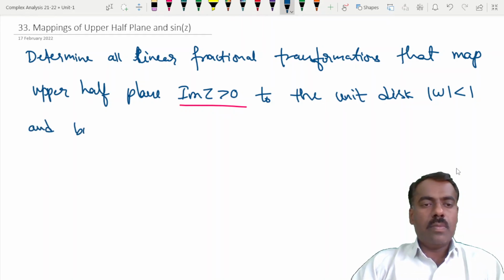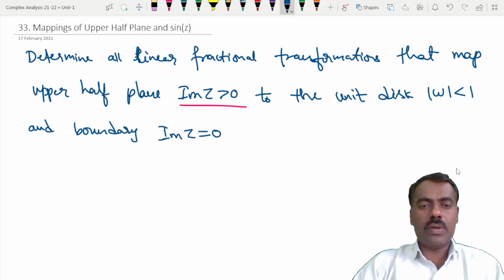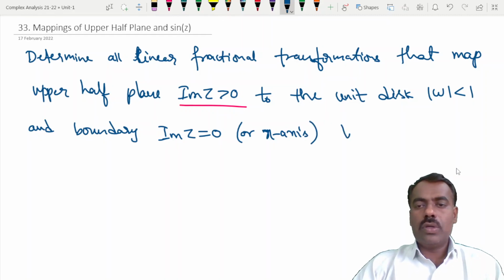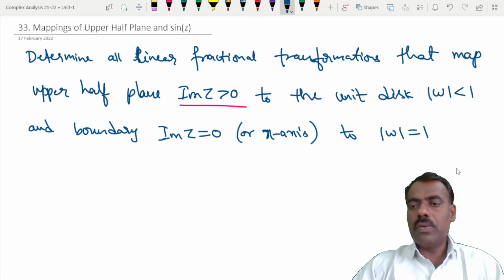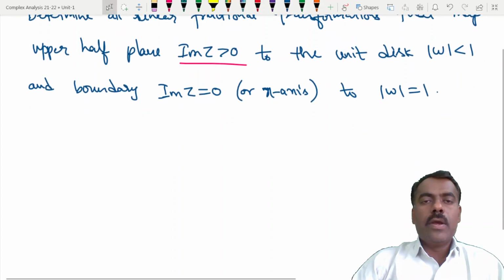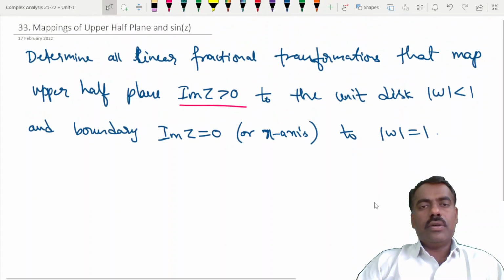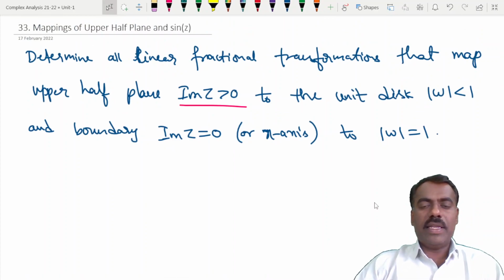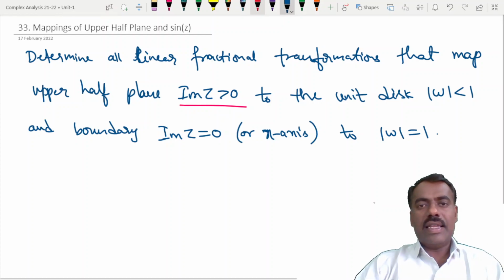The boundary of this upper half plane, which is imaginary part of z equal to 0, that is the x-axis, maps to the boundary mod w is equal to 1. So we would like to find which transformations map the upper half plane to the unit disk, inside mod less than 1.